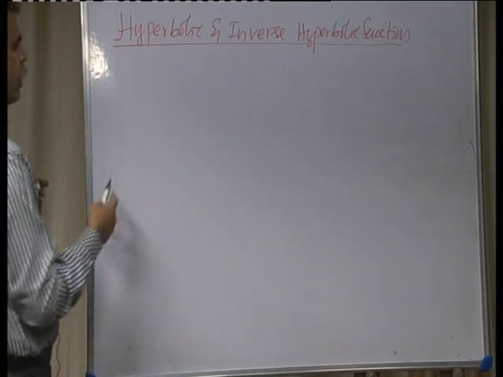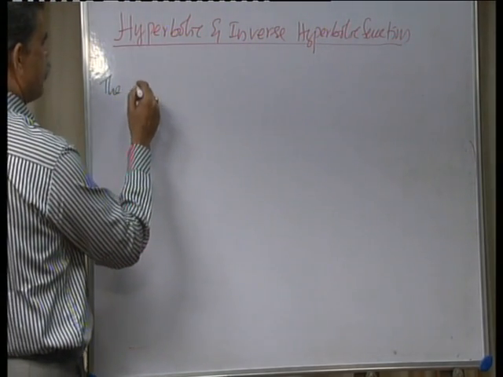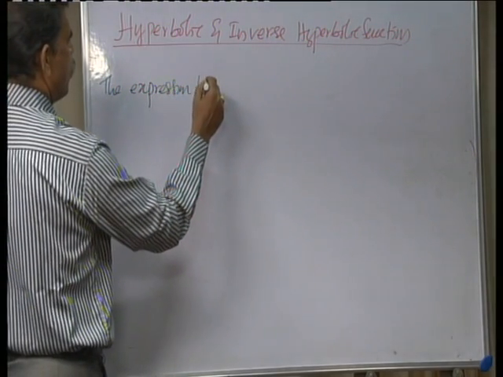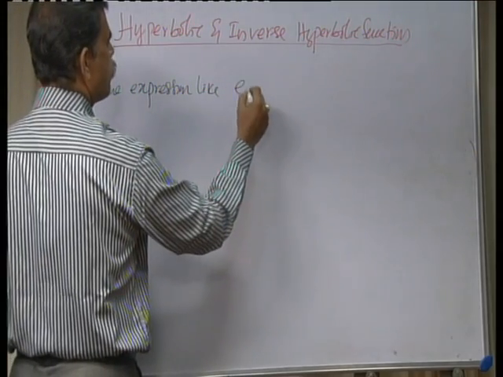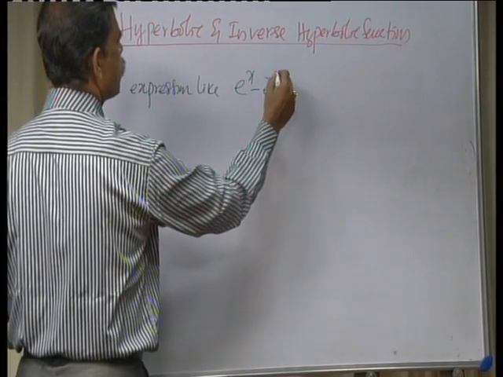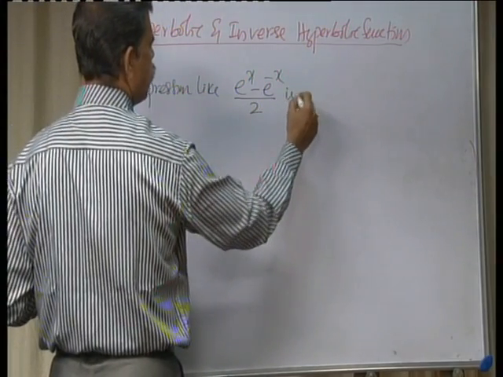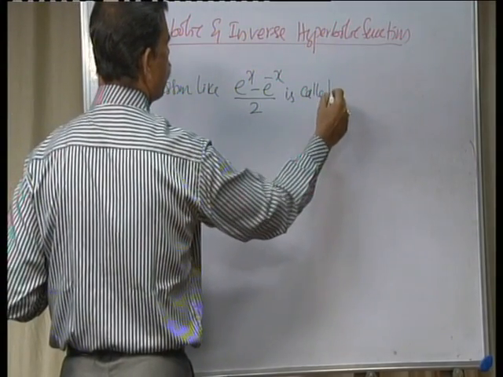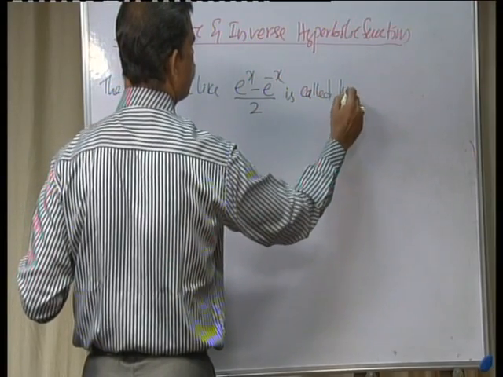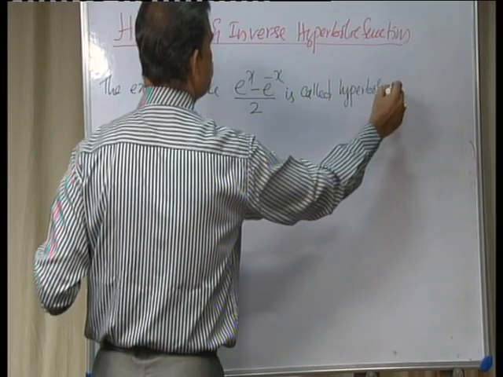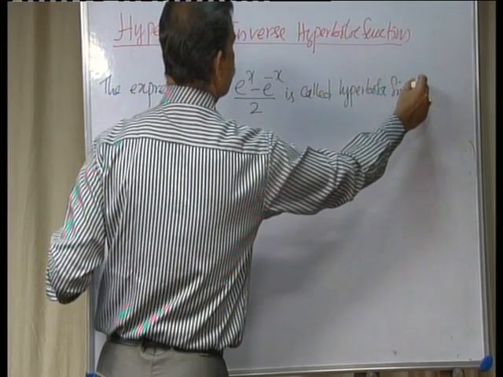So the expression like e to the power of x minus e to the power of minus x divided by 2 is called the hyperbolic sine function.